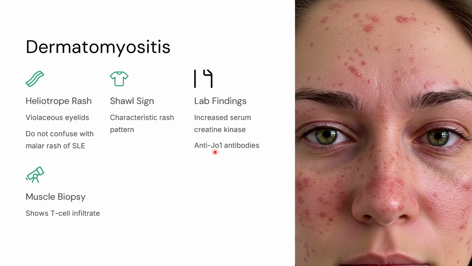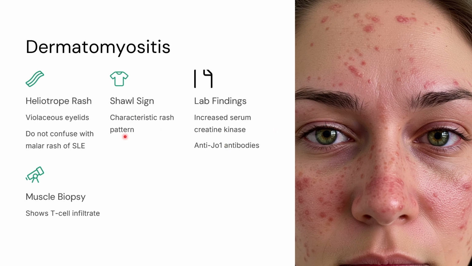This is an autoimmune condition, so it has to be associated with antibodies. This condition is associated with anti-Jo-1 antibodies. In addition, there are three important dermatological features which we see in dermatomyositis. First one is the heliotrope rash. Here the eyelids will be violaceous. There will be typical violaceous eyelids, and there will be a shawl sign.